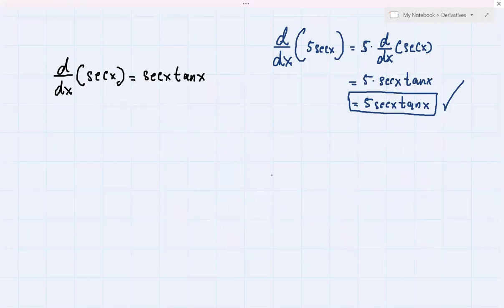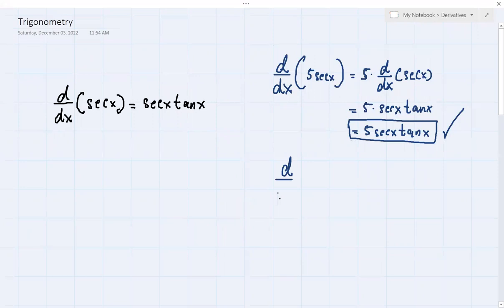Ayan. So, dito naman tayo. The derivative of 2 times secant x. O, madali lang to, guys. So, we have 2 times the derivative of secant x. Okay?